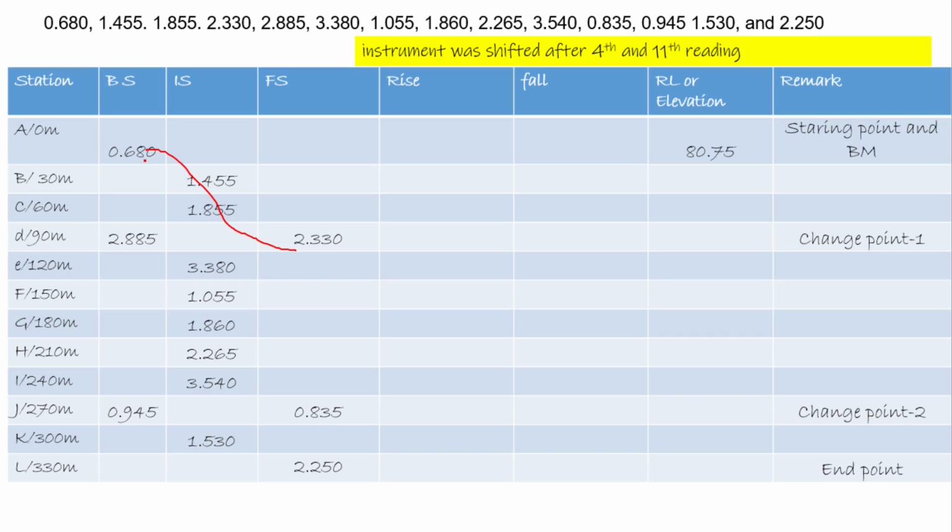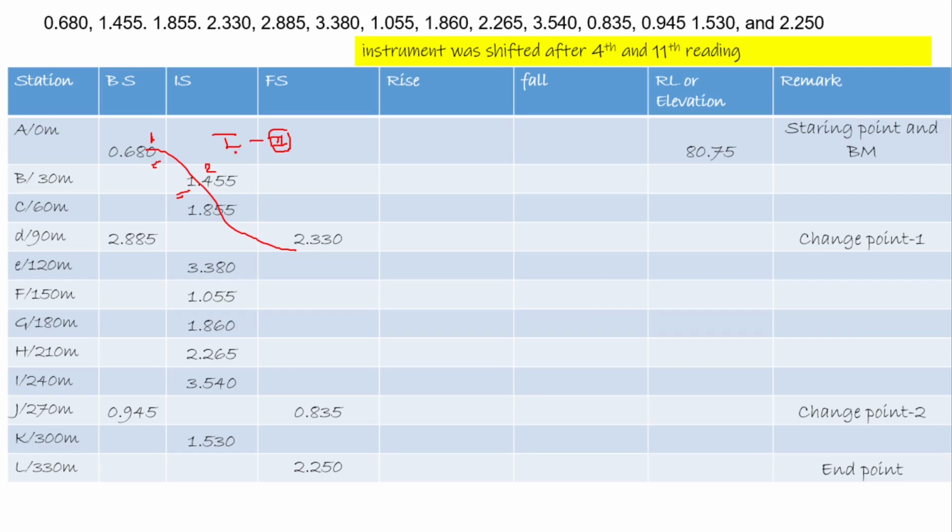In the first setup you can see the station A reading is less compared to B. When you compare these two, you can see the elevation is falling. Next, we will compare these two and you can see the elevation difference between these two stations. If I deduct the first reading minus the second reading, I cannot compare A with anyone right now because A has only one reading, so I compare the second reading.